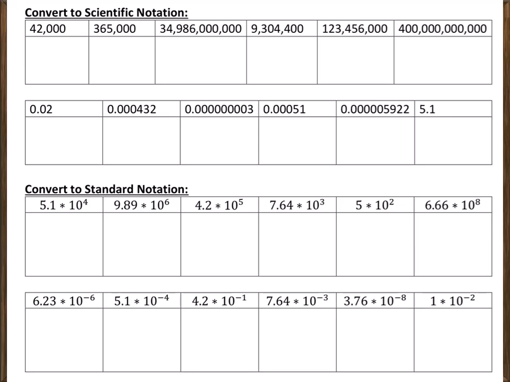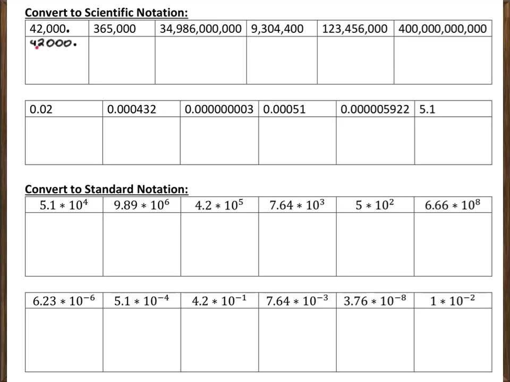So we're going to start with 42,000. If I look at 42,000, first I want to ask myself, well, where is my decimal point right now? Well, the answer is it's right here. This is where my decimal point begins. And in order to convert this and to make it into proper scientific notation, where would my decimal point have to land? Where would it have to be moved to?